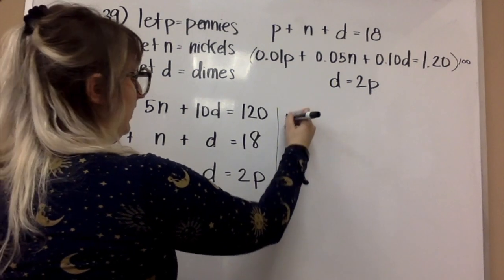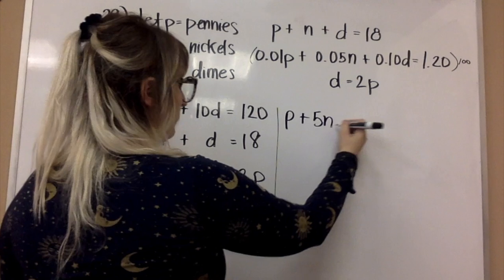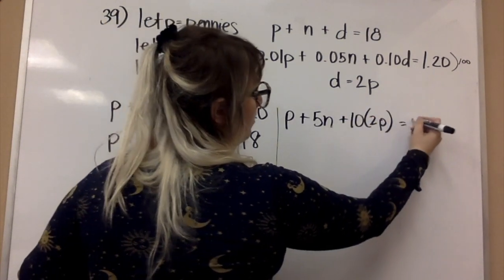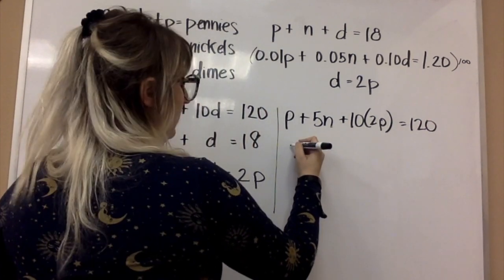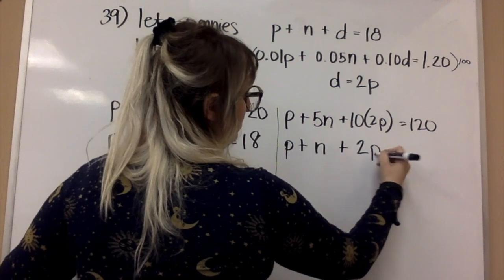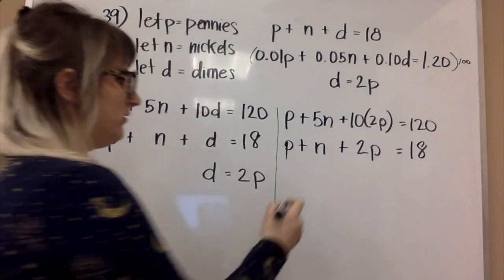So we're going to have p plus 5n plus 10 times 2p equals 120, and p plus n plus 2p equals 18. I'm going to then simplify those.